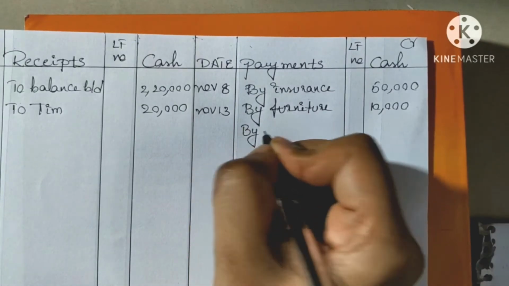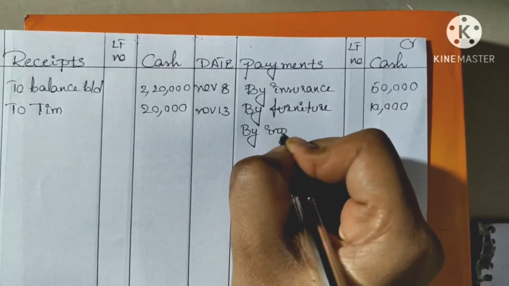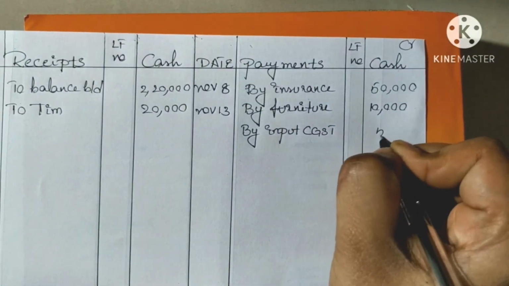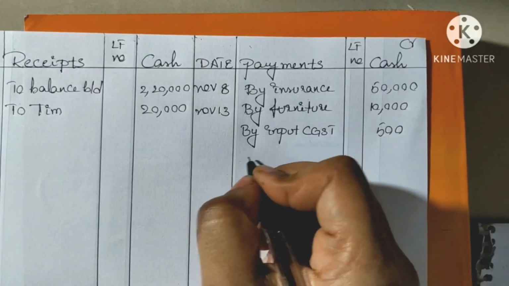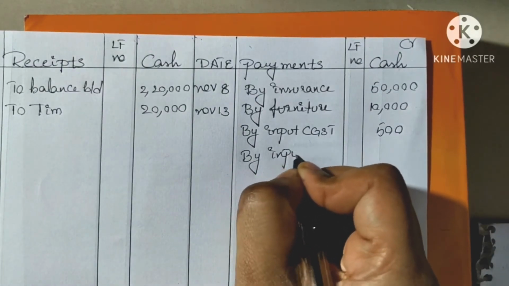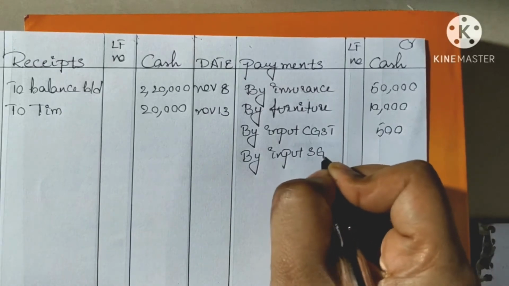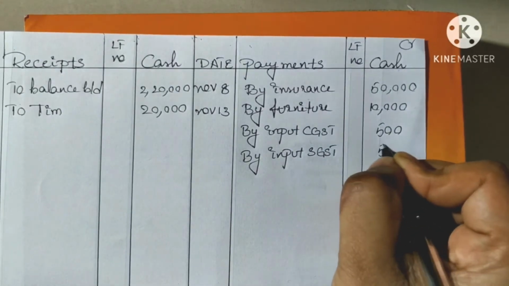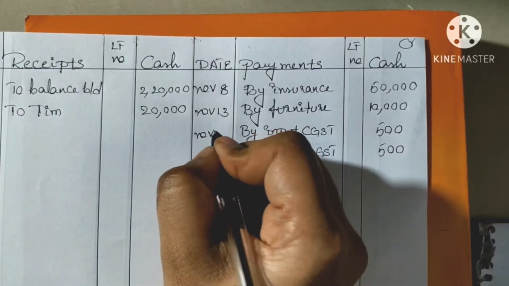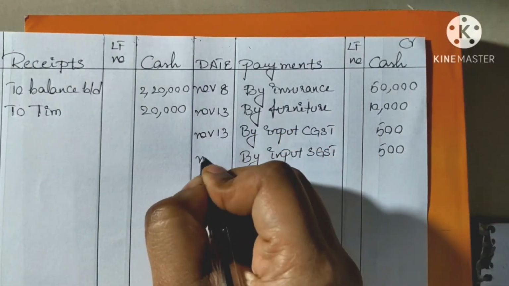Also we will mention CGST and SGST as buy input CGST 500 and buy input SGST 500. The date will be same for all the three.